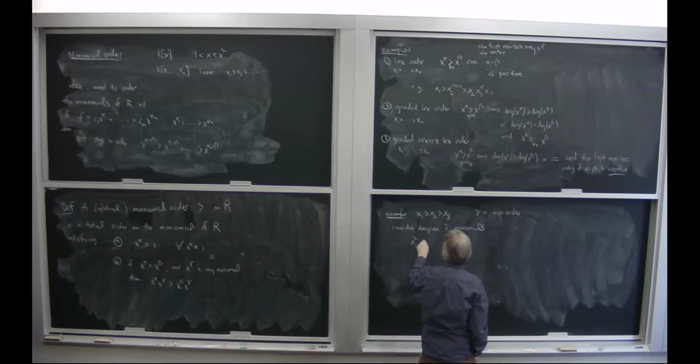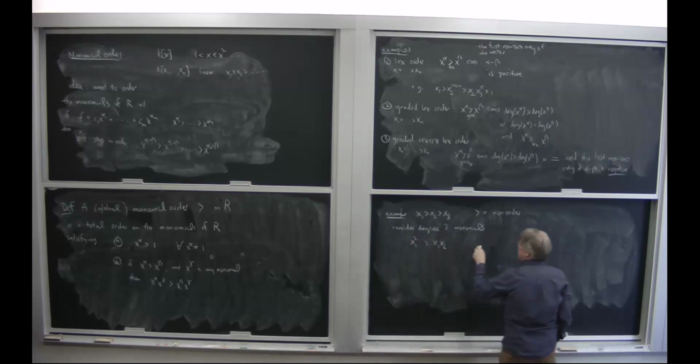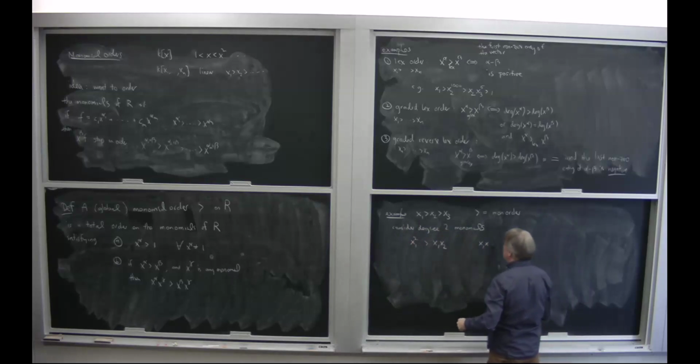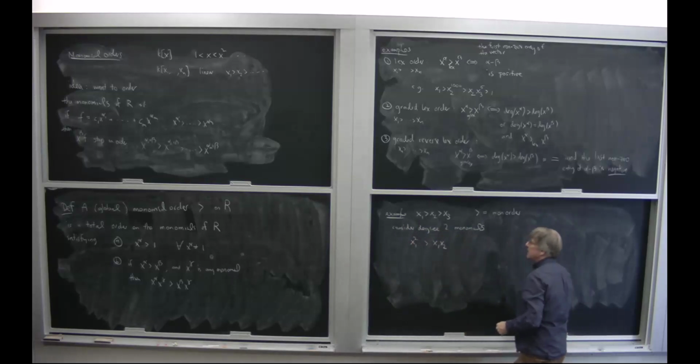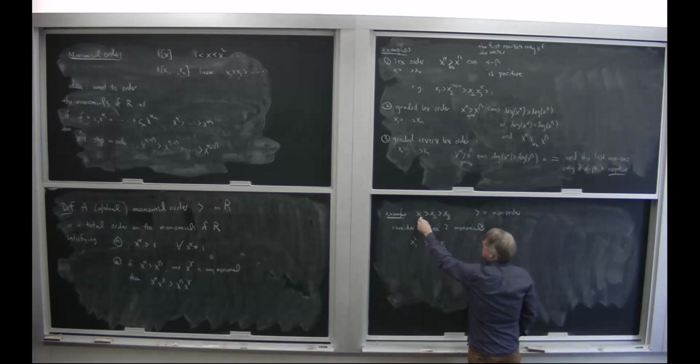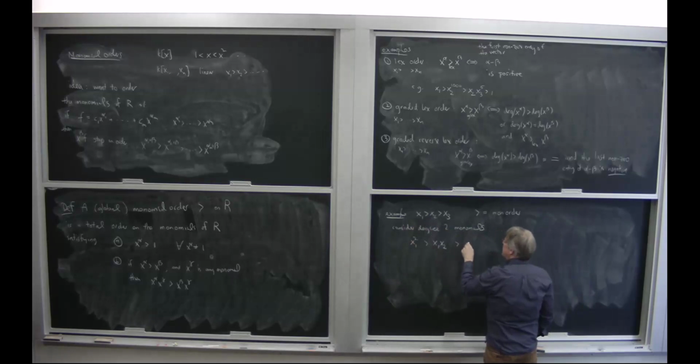So it's going to say that x1 squared is greater than x1 x2, which is greater than x1 x3 over here, except I don't want that one there yet. Also, if I multiply by x2, I'm going to get that this is greater than x1 x3, say, and I'm also going to have x2 squared here.